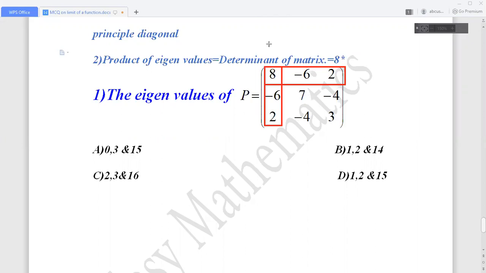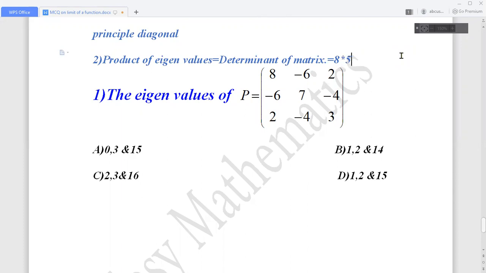Let's calculate the minor of this 8: 7 times 3 minus 4 times negative 4. 7 times 3 is 21, minus 16. 21 minus 16 gives just 5. Let me type here: 8 times the minor of 8, which is 5.